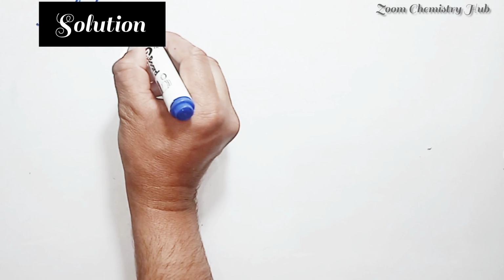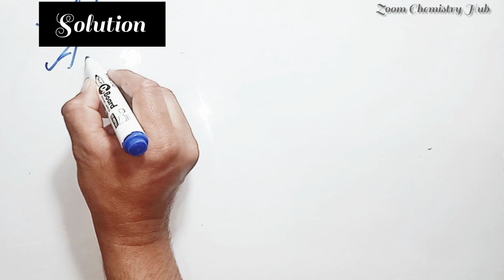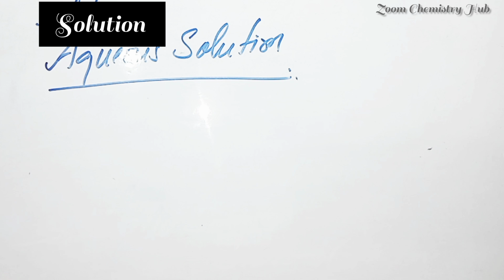Now we will discuss the component and types of solution. So first, what is aqueous solution? A solution which is formed by dissolving a substance in water is called an aqueous solution.